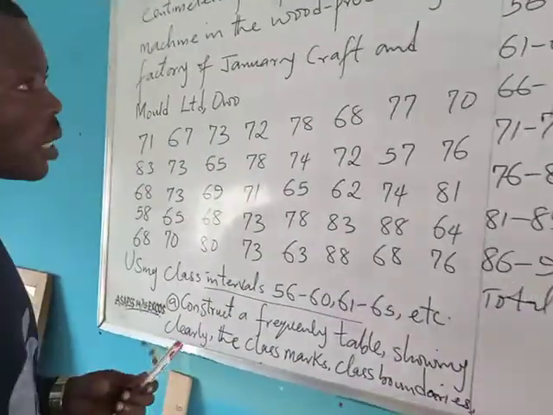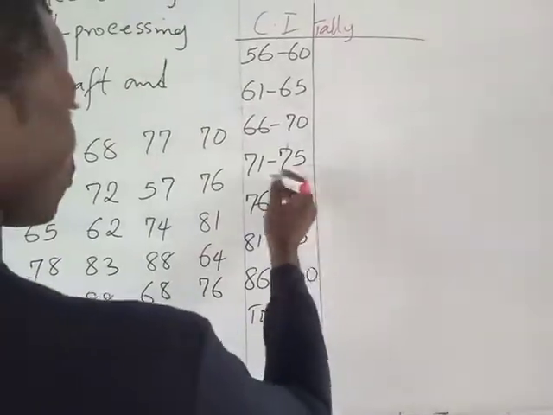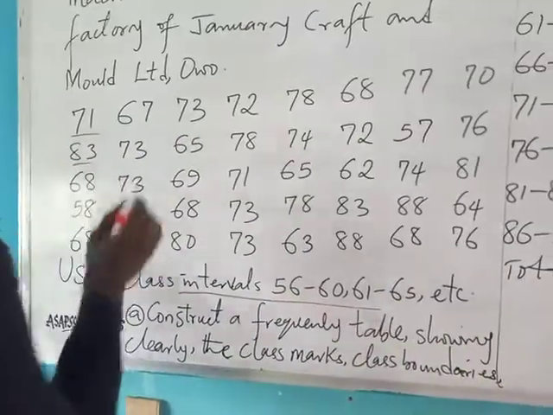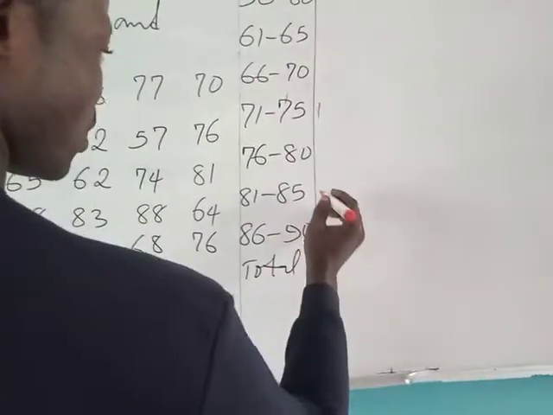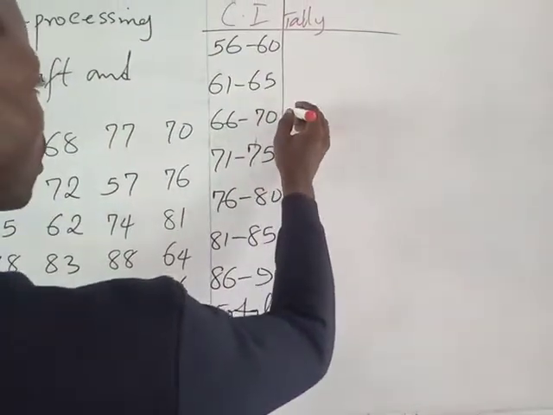If we continue like that, let's look at the first one. 71 is at this range. We have 83, which is between 81 and 85. The next one is 68, here. Then 58, here.